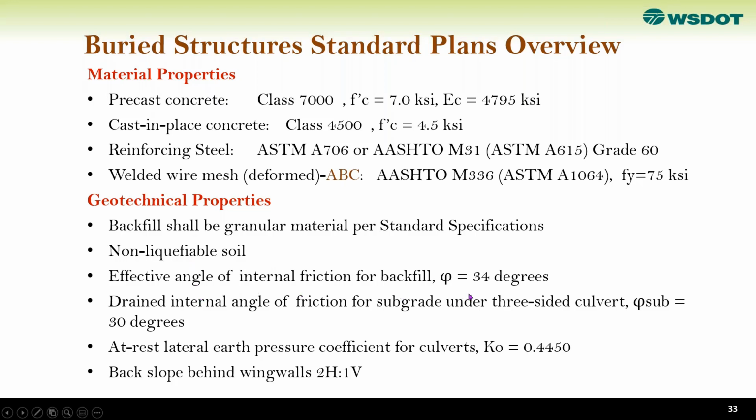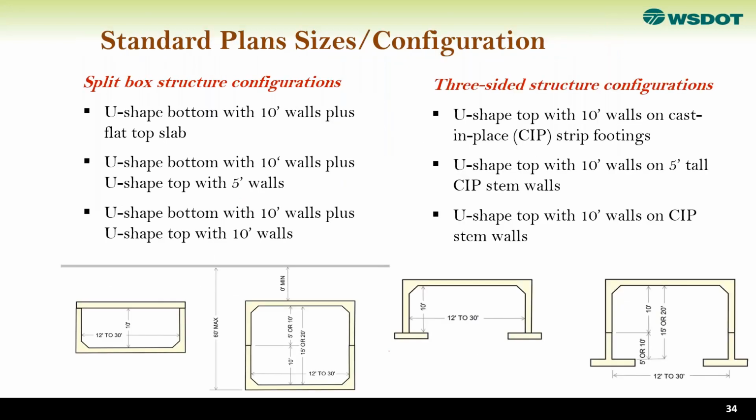The effective angle of internal friction is 34 degrees, the drained internal angle of friction at the subgrade is 30 degrees, at-rest earth pressure with a K naught of 0.45, and a back slope of 2 to 1. These are used for standard drawing development, along with many other things not covered here that are used for the structural and geotechnical standard.